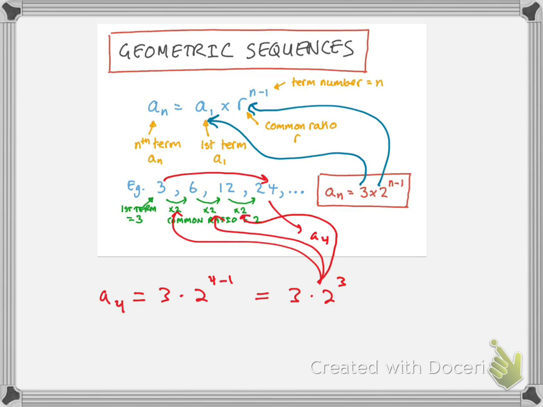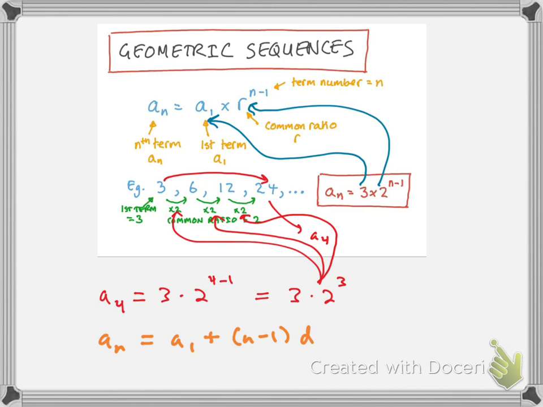Also notice the correlation here, that when this is a 4, this is 1 less than it. Just like when this is an n, this is an n minus 1. That's a pattern that you see in there. That was similar to the arithmetic explicit formula as well. Just as a reminder, that equation was an equals A1 plus n minus 1 times d.